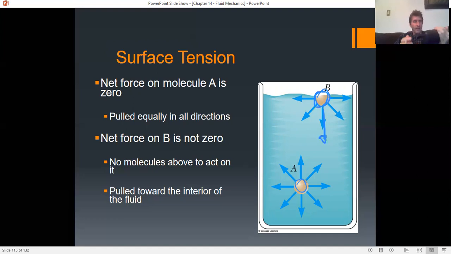All right? Now, what this means is the net effect is to reduce the surface of a fluid as much as possible, and the geometrical shape with the least amount of surface for the same amount of volume is a sphere.